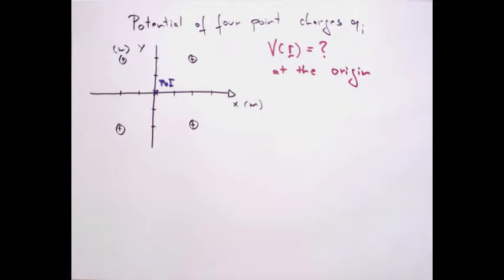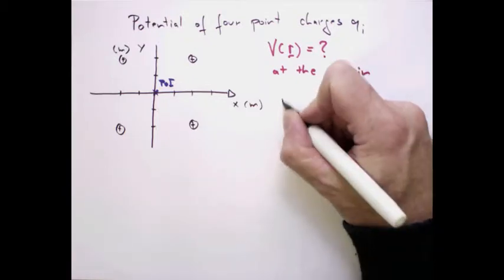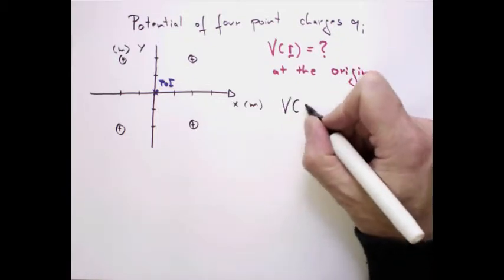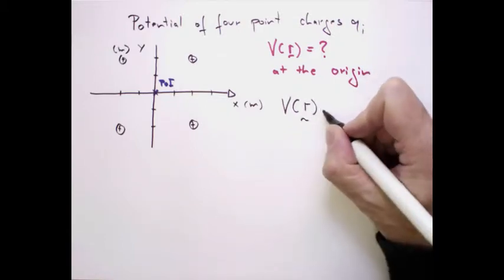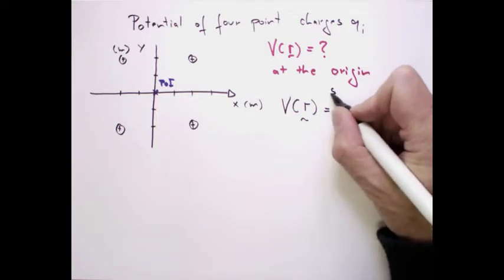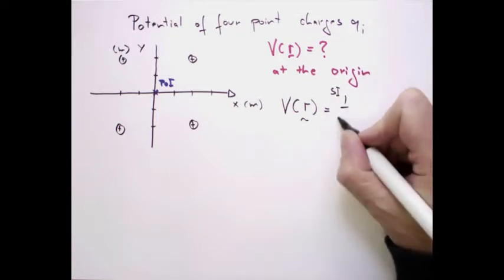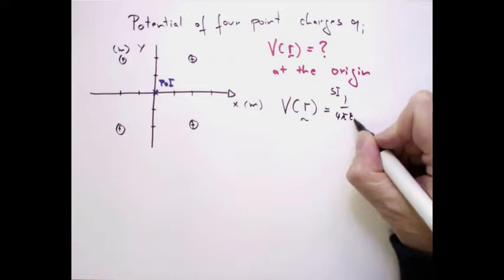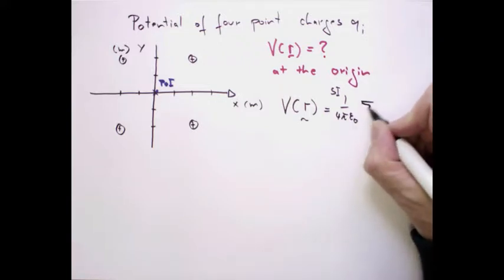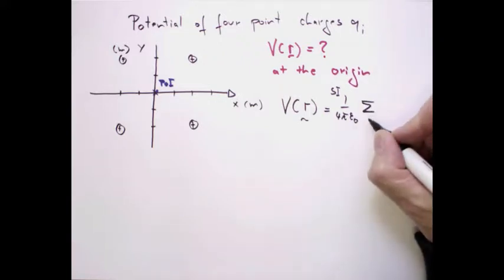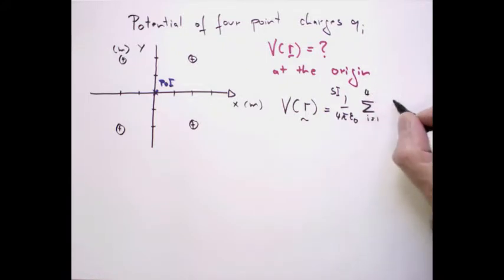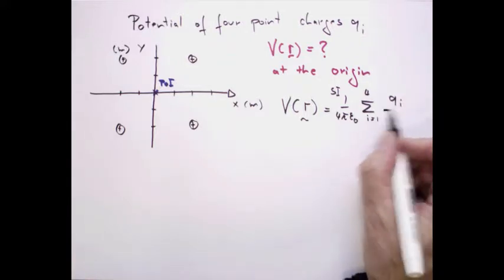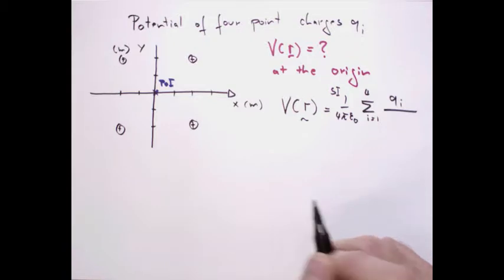We can work this out by remembering the equation for the potential of a number of point charges, which in the SI system is given as 1 over 4 pi epsilon naught times the sum over all source charges. In this case we've got 4, so i runs from 1 to 4, and each source charge contributes a term Qi in Coulomb.